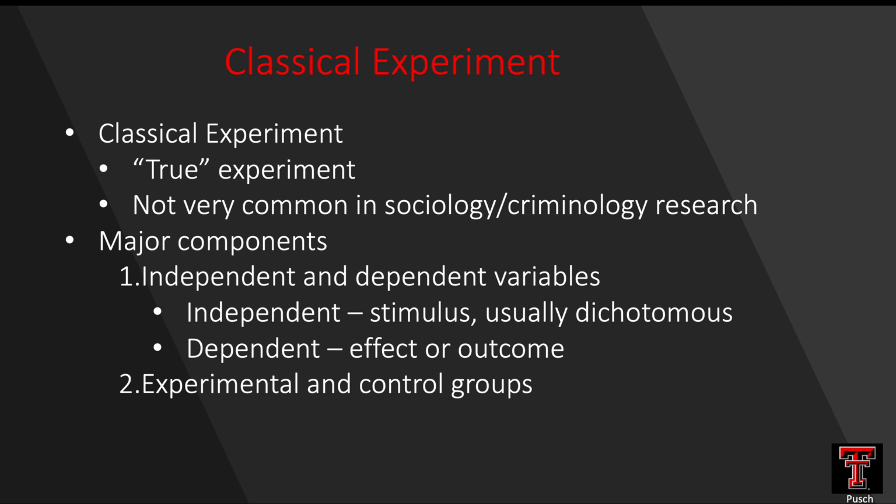So again, the experimental group is receiving the stimulus while the control group is not. And we also need pre-testing and post-testing. So we need pre-testing, meaning we're measuring that dependent variable before, and then we're giving the experimental group the stimulus, and then we're measuring that dependent variable for both groups again.